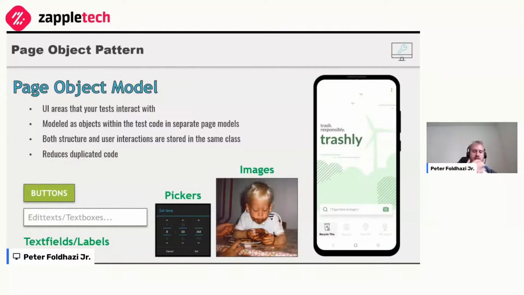You can have all sorts of different buttons, speakers, images, text fields, and so on that you are going to test. You're going to check whether they are there. You want to click on it, or you want to type a text and send that text and see what the reaction is going to be from the website or the mobile application. So that's what the page model is really about in a nutshell.